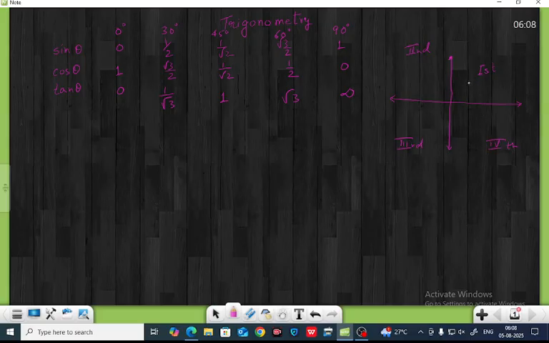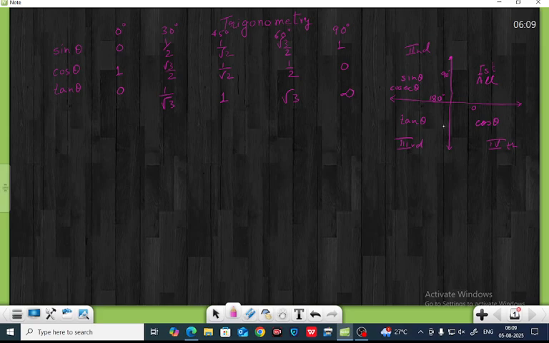In the first quadrant, from 0 to 90 degree, all the values are positive: all sin, tan, cos. From 90 to 180 degree, the value of sin theta is positive. The inverse of sin theta is cosec theta, therefore sin theta and cosec theta are positive from 0 to 180 degree.